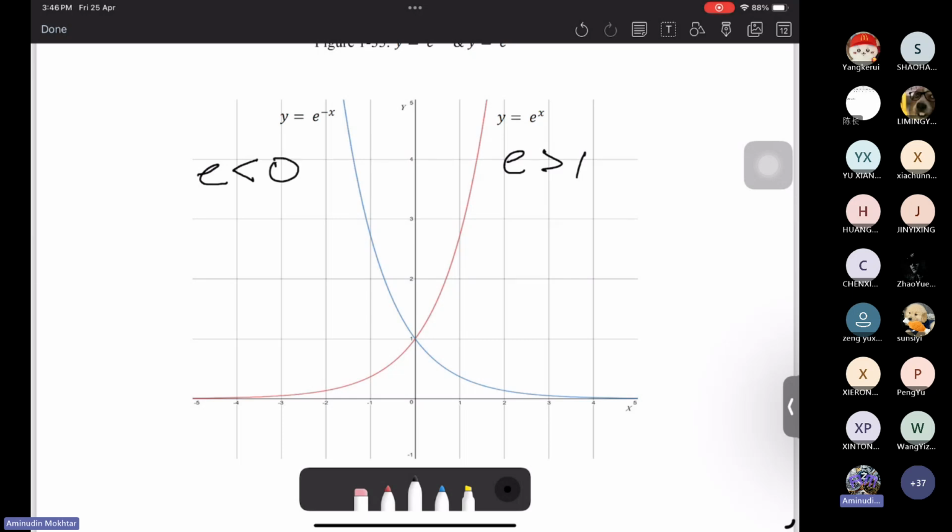In this case, we have y equal to e to the power of x. The next graph is maybe y equal to 1 over e to the power of x. That's how to draw the exponential function.